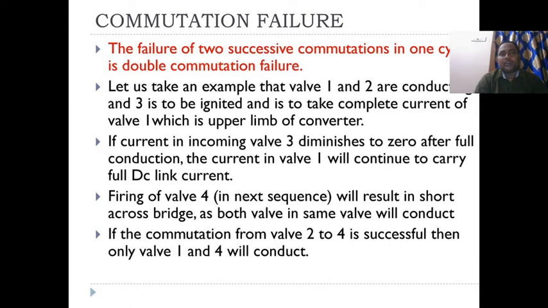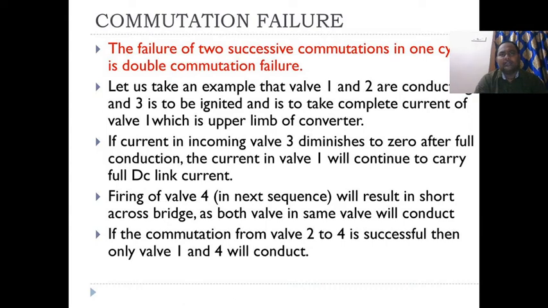In a 6 pulse converter, at a time two valves must conduct, one from the positive group and another from the negative group. Normally the current is transferred from a positive thyristor to a positive thyristor.